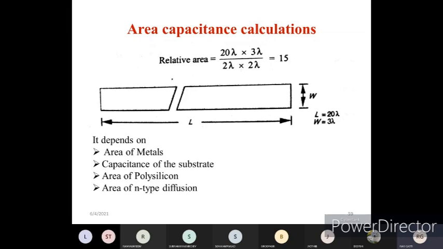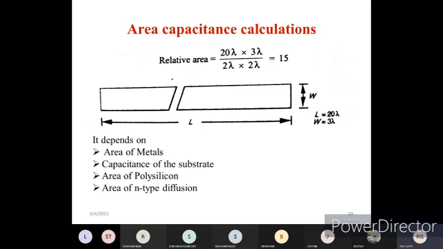So the lambda terms get cancelled, 60 divided by 4, and you will get 15. So that is the relative area capacitance of the gate terminal; it will be given as 15.